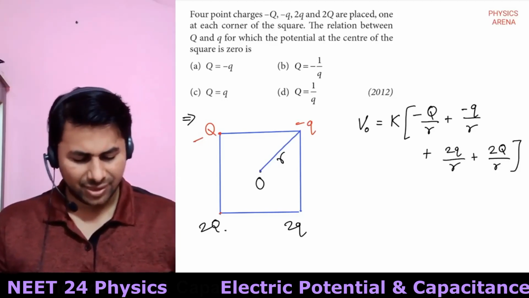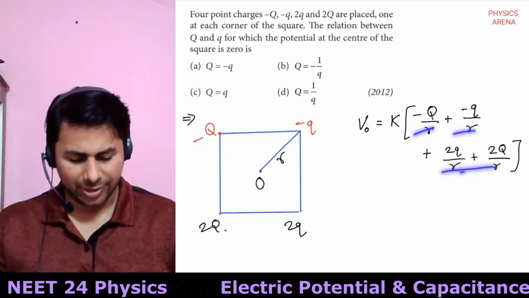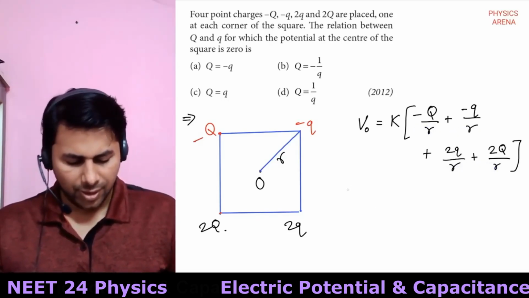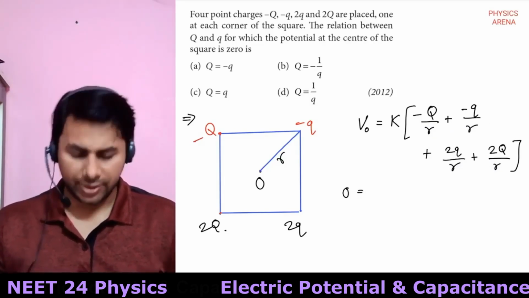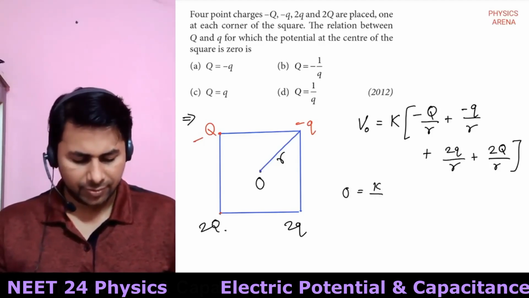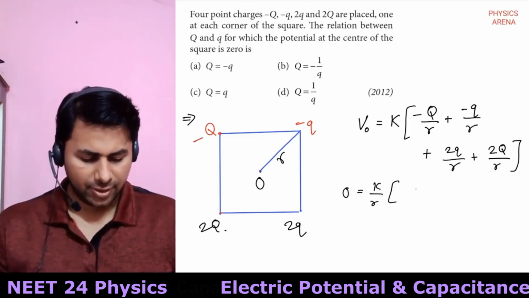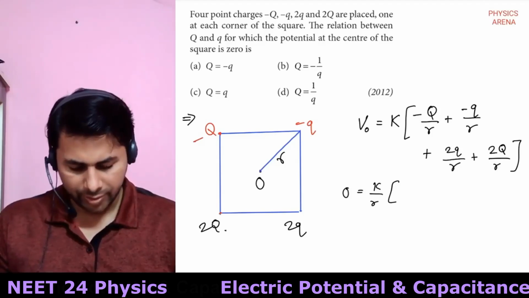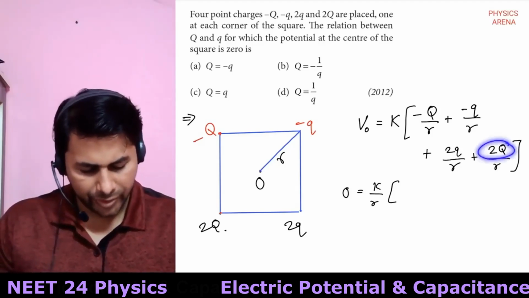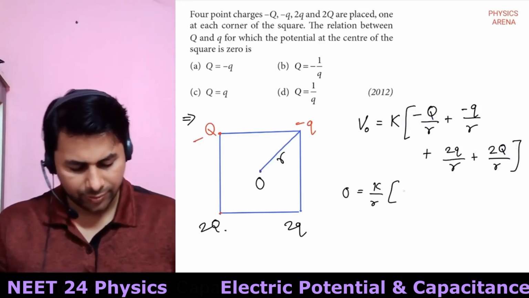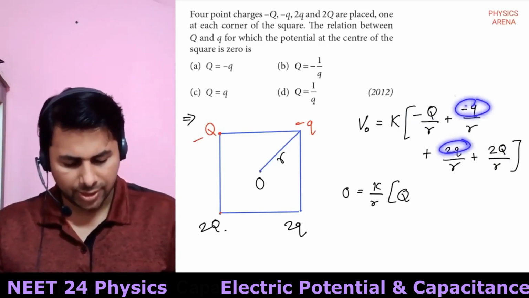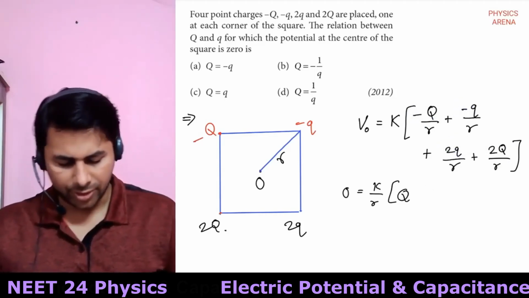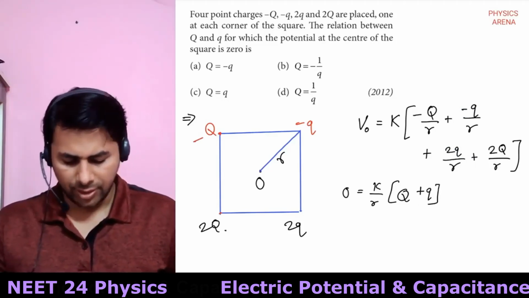R also we can take common. The potential is 0, so this thing is equal to 0. K by R times this thing: 2Q minus Q is Q, and 2q minus small q is also small q.